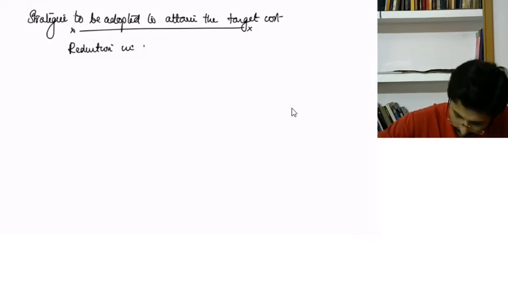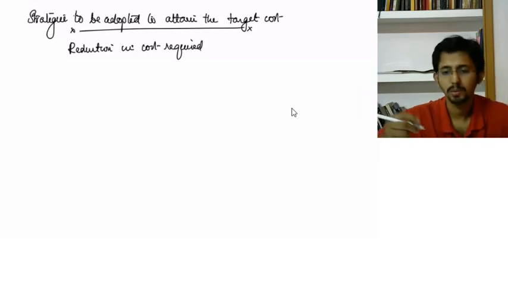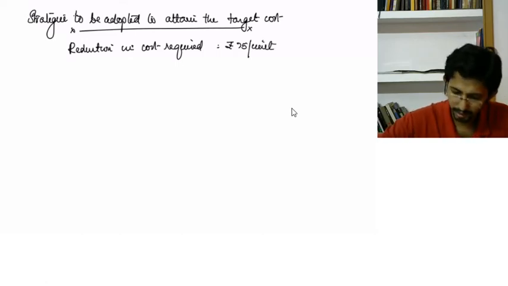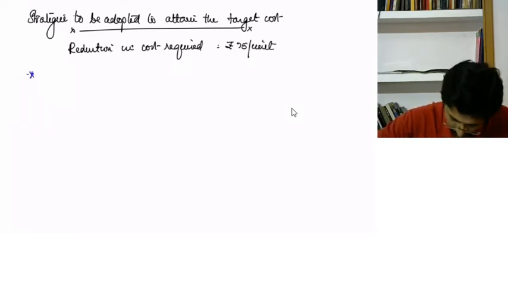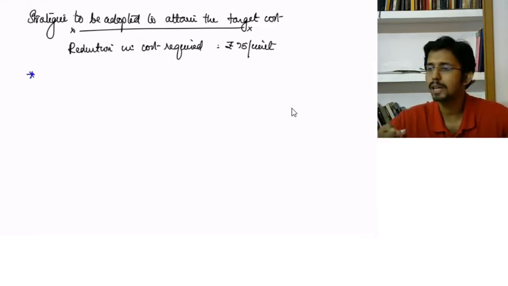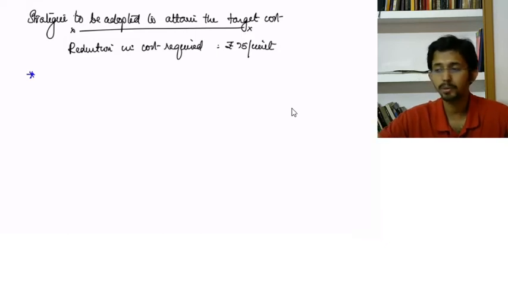Reduction in cost required. What is the cost reduction? That is 75 per unit. Okay. Now what is the first strategy? We have already identified one non-value added activity. So why don't you suggest to eliminate it completely? Because non-value added activity is not adding any value to the output. So the machine setup time, what is currently incurred, if it can be avoided, then the cost can be saved.